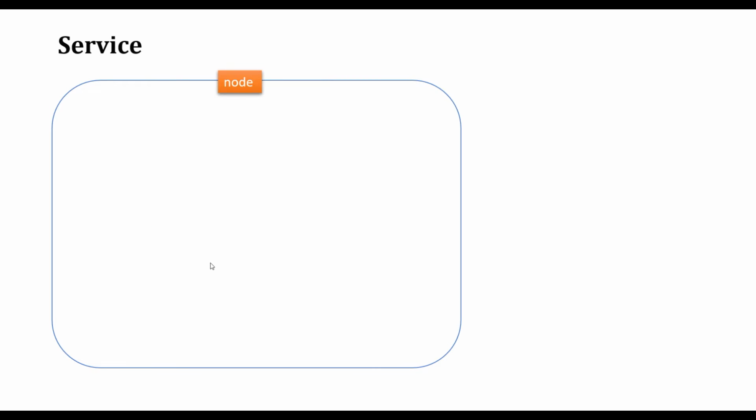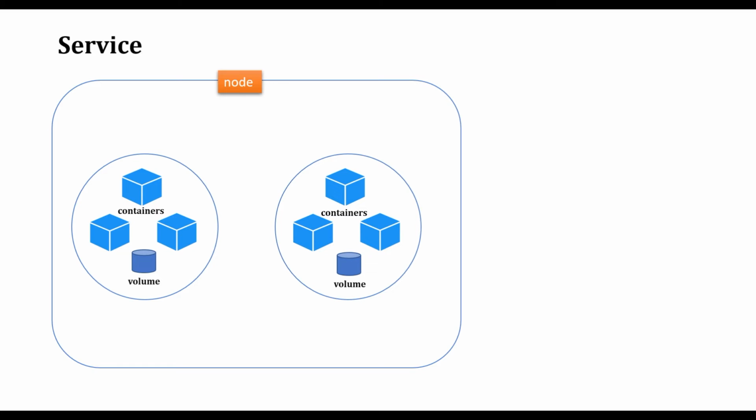As you know, inside a node we can have multiple pods. Let's name one pod as a front-end pod where my Angular or client application is running, and another pod I will name as a backend pod where my server-side code or Spring Boot application is running. Each pod is assigned a unique IP address. That's how they can connect to each other, right? The front-end pod can talk to the backend pod using the IP address.